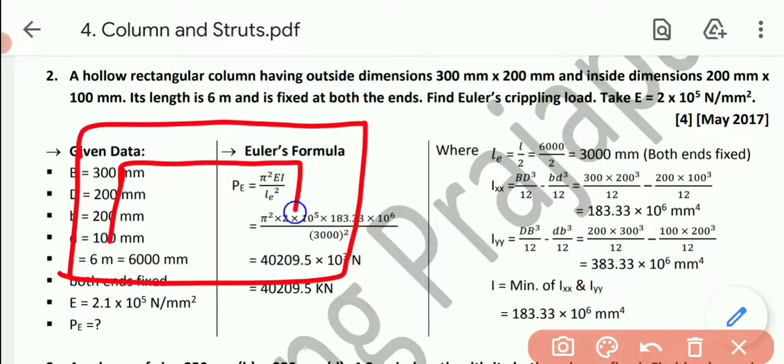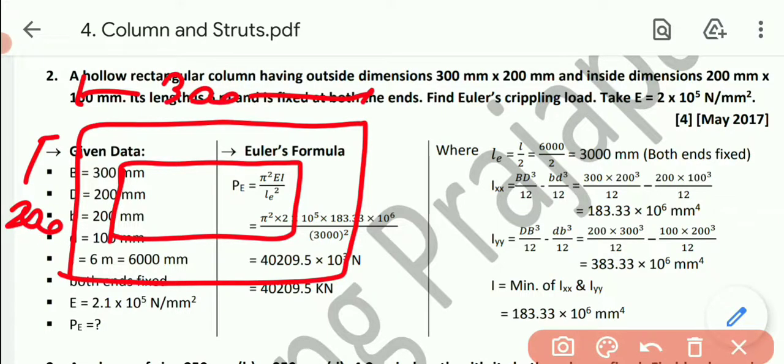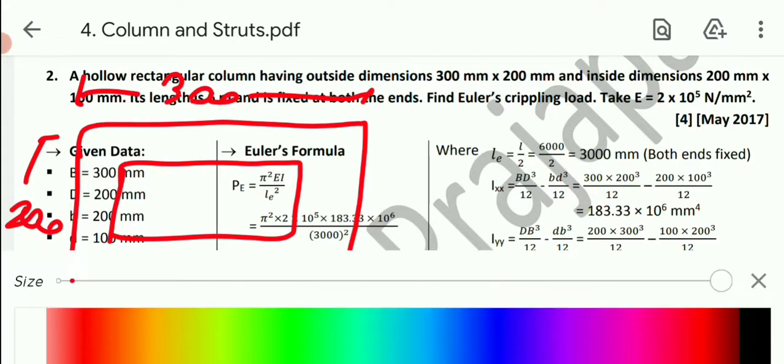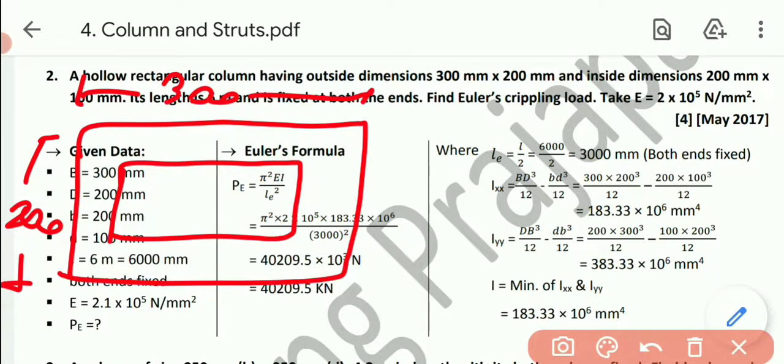See, this is the hollow rectangle section given to us. Outer dimension is 300 cross 200, while inner dimensions are 200 by 100 mm.